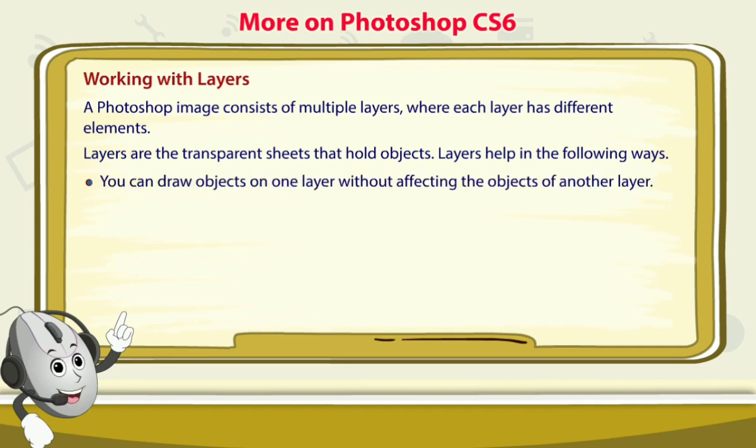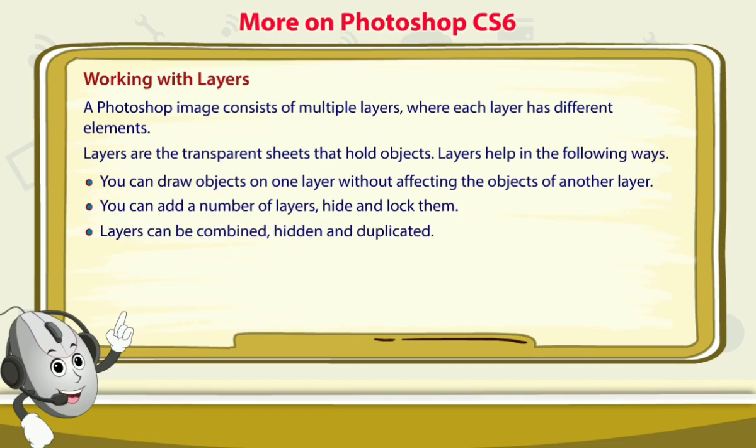You can draw object on one layer without affecting the object of other layer. Means we can do the different parts of image in different layers. You can add a number of layers, hide and lock them so that other layer can't be affected. Layer can be combined, hidden and duplicated also.